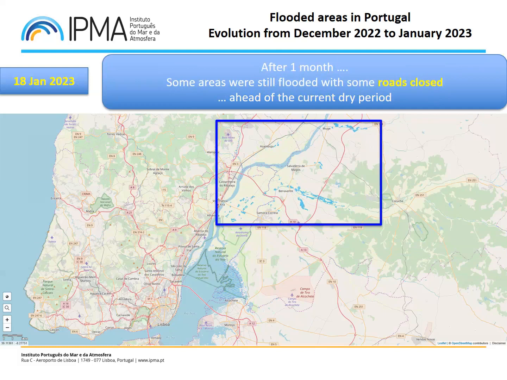And in fact, some roads that were closed due to this flooding were still closed at this time of January. So after more than 1 month, there were some roads still closed because of this flooding. And this was ahead of this dry period that we are now experiencing, let's say.